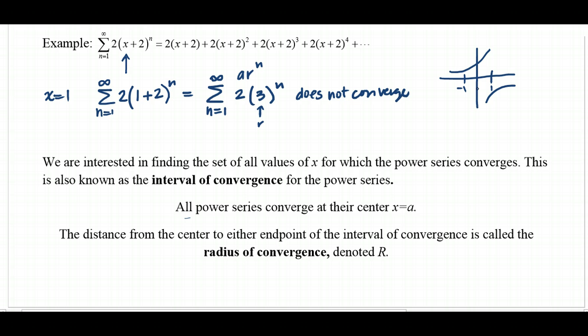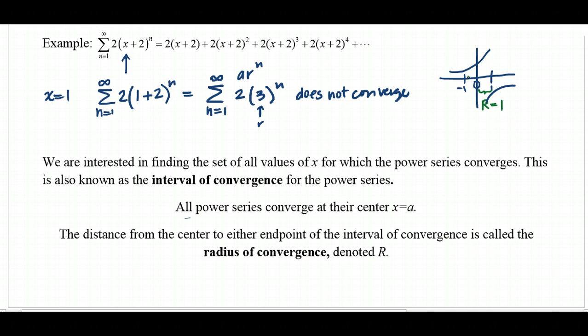So the radius of convergence is 1, because that's the furthest distance from the center 0. So from the center 0, the distance from the origin to the end of the interval of convergence is my radius of convergence. So in this case, R equals 1.